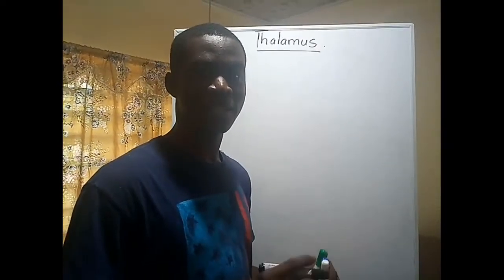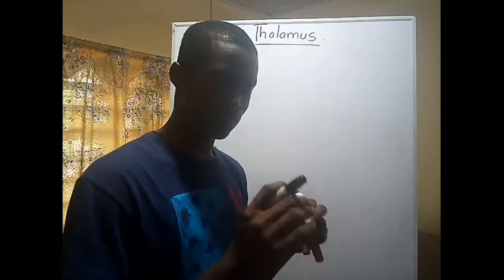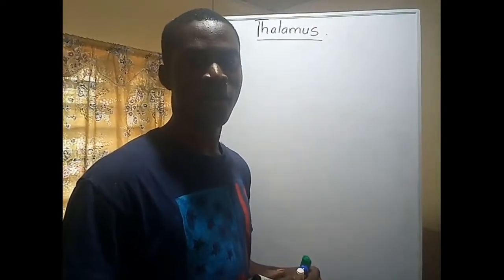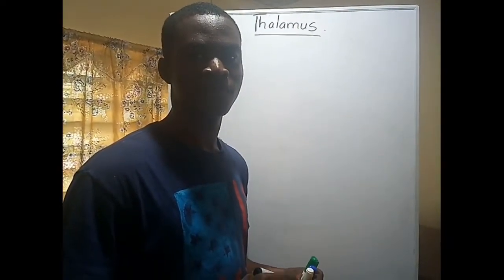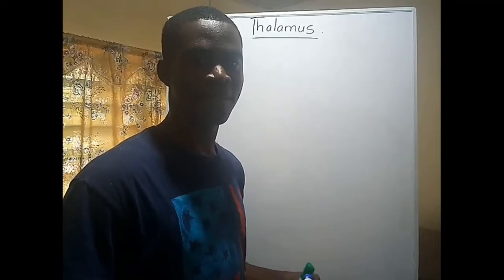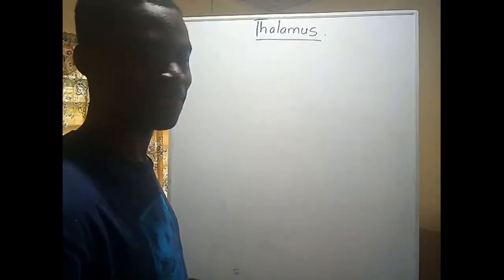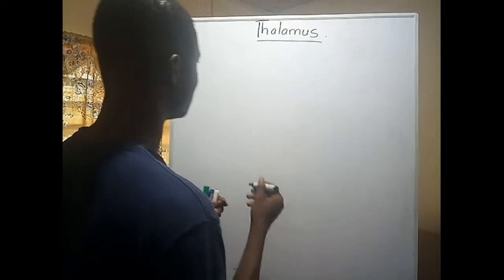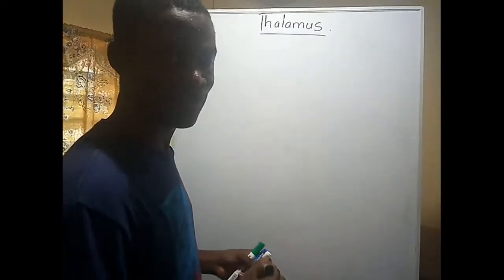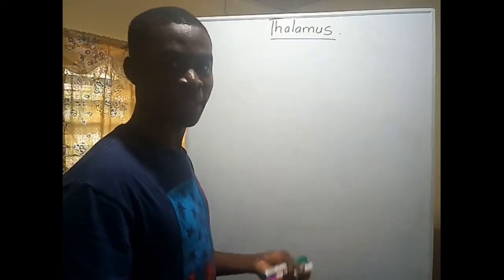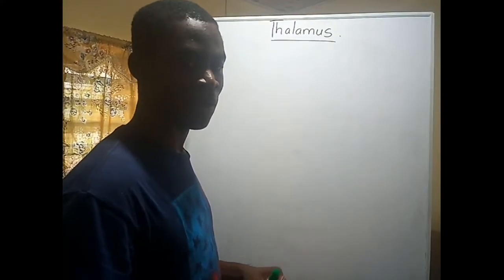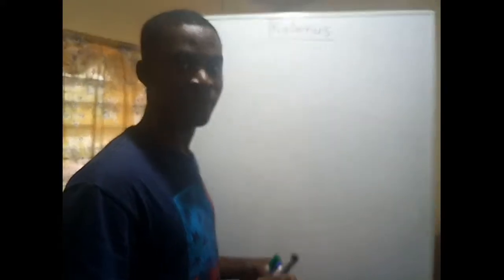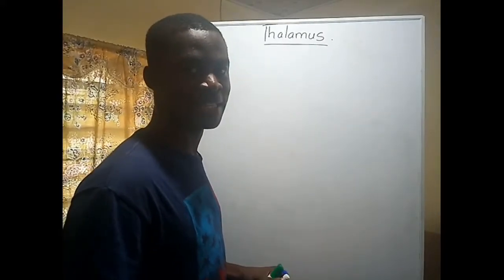And then the prosencephalon develops into two other structures called the telencephalon and the diencephalon. Out of the diencephalon, we have a number of structures: the thalamus, the hypothalamus, the epithalamus, and the subthalamus.